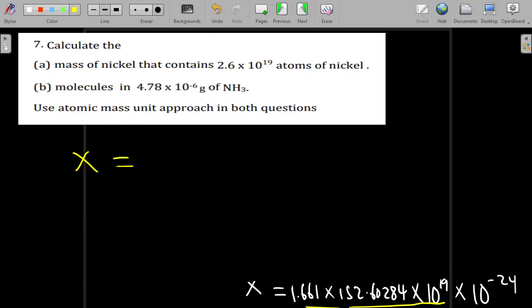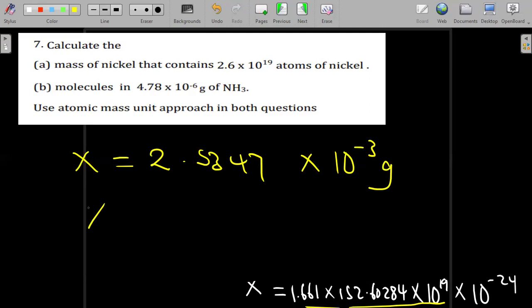All right, so when I punch that value onto my calculator, I'm getting this as my answer. Okay, I'm getting 2.5347 multiplied by 10 to the power minus 3 grams. All right, so this will be my mass here. So you can round it off to 3 significant figures.